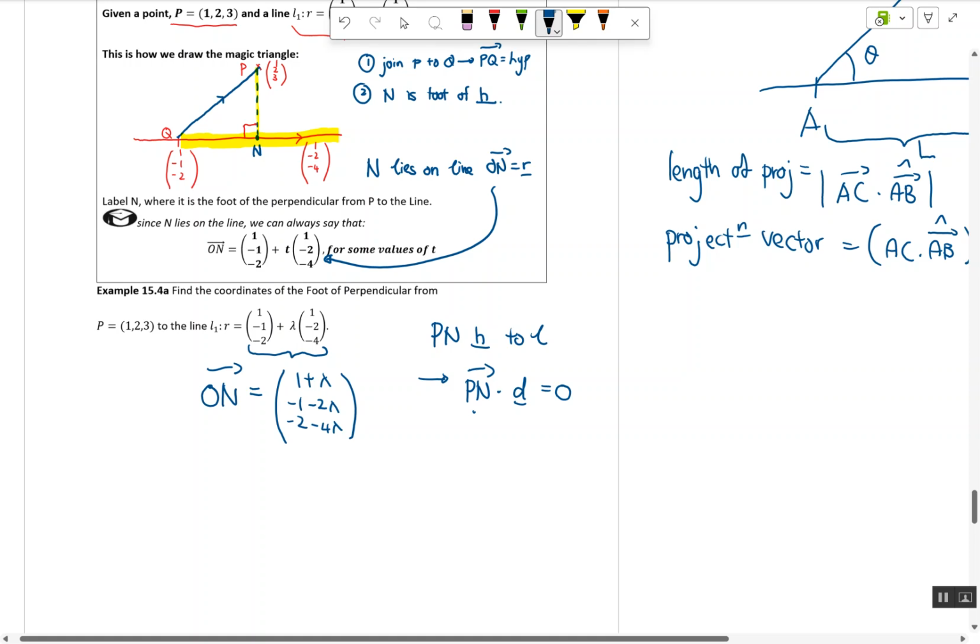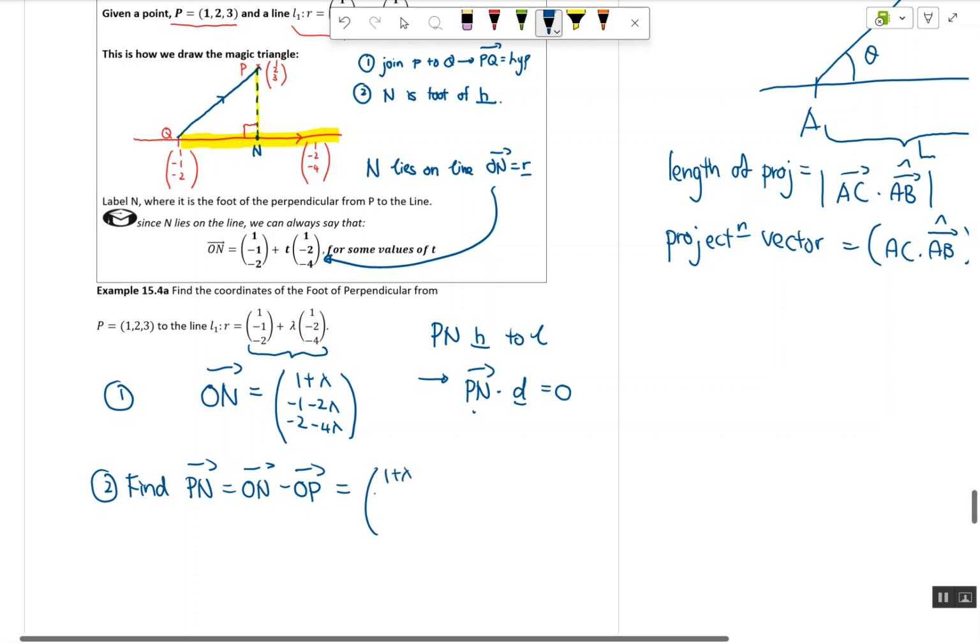Don't need the point, just take the direction vector. But before that we need to find PN. So step 1, you must say that ON is equals to the equation of the line. Step 2, find PN, which is equals to ON minus OP.